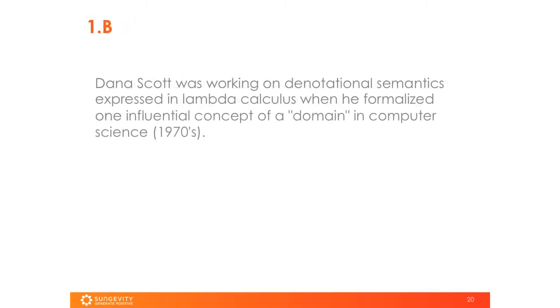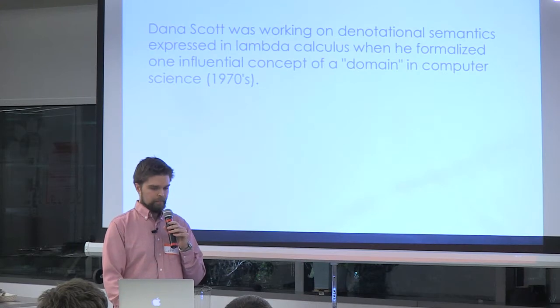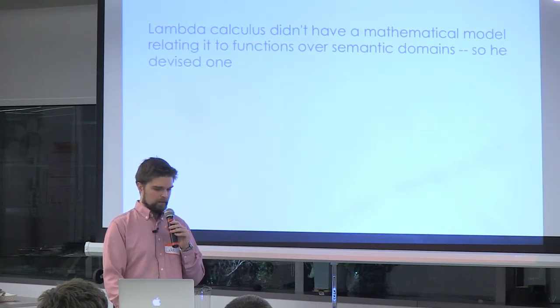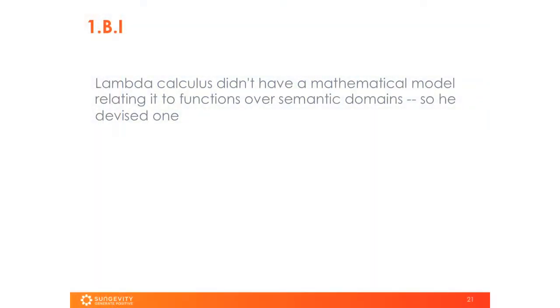Dana Scott, along with someone named Strachey, was working on this in the 70s, and it's a pretty old concept. Lambda calculus at the time didn't have a mathematical model relating it to functions.